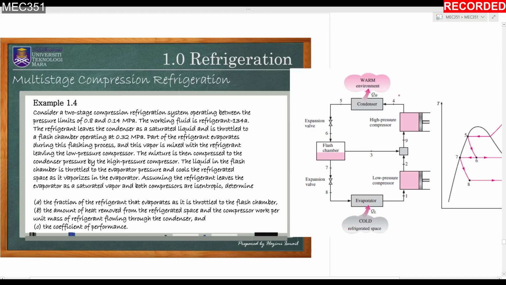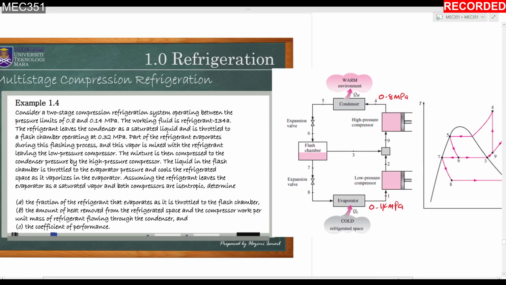So you write down this is 0.8 MPa, and this is 0.14 MPa.